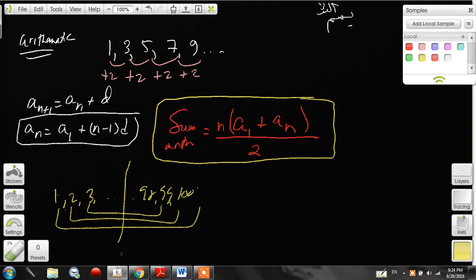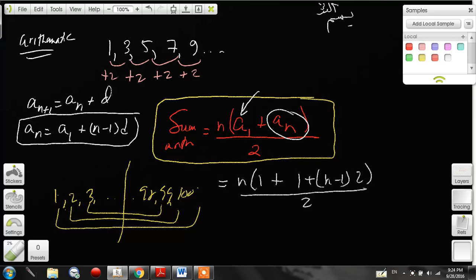There's 100 over here, so half is going to be 50, right? So now in this case, we know what the first term is. The first term is 1, and the nth term for an arithmetic sequence is given by this formula: first term plus n minus 1 times the difference. The difference here in this case is 2. Over the 2, the n times.